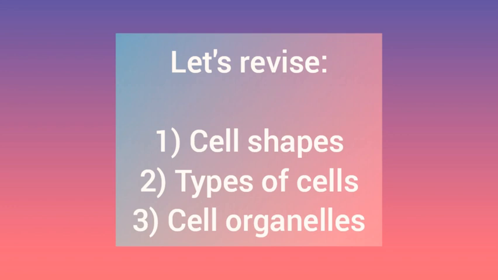And thereafter, we have seen several main cell organelles. We have learned those like nucleus, chloroplast, endoplasmic reticulum, Golgi bodies, then vacuoles, mitochondria, etc. This was all about today's lecture.